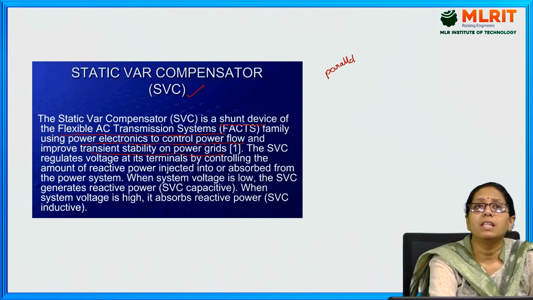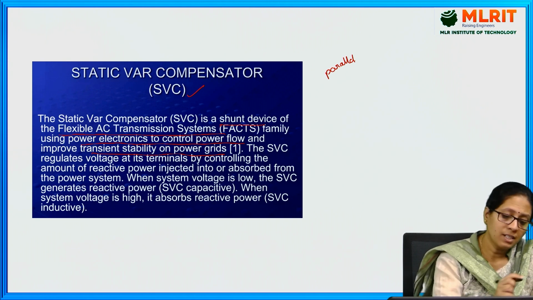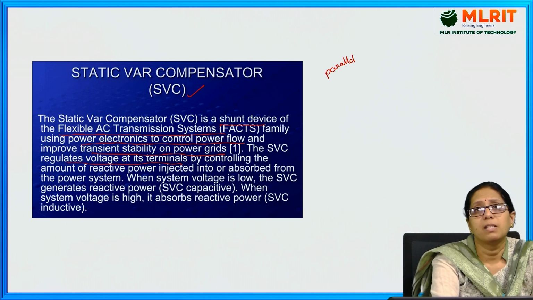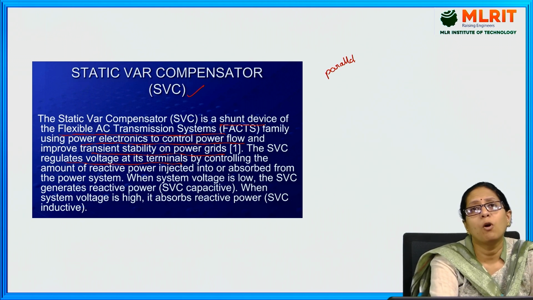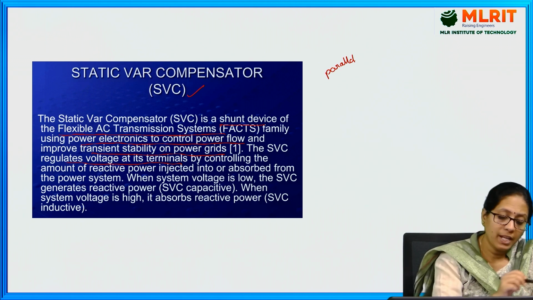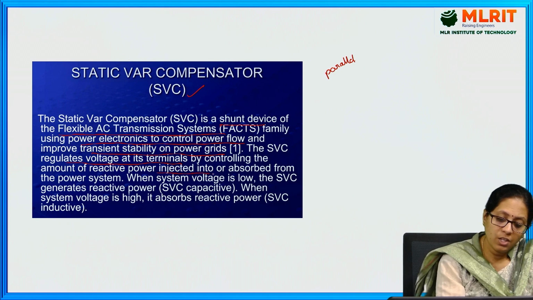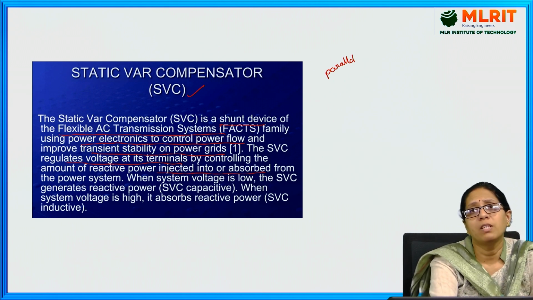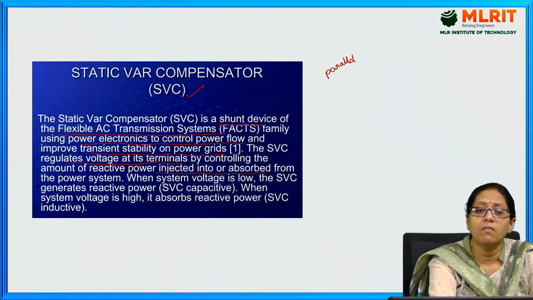The SVC regulates the voltage at its terminals by controlling the amount of reactive power injected into or absorbed from the power system. That means the SVC regulates the reactive power which is being injected.